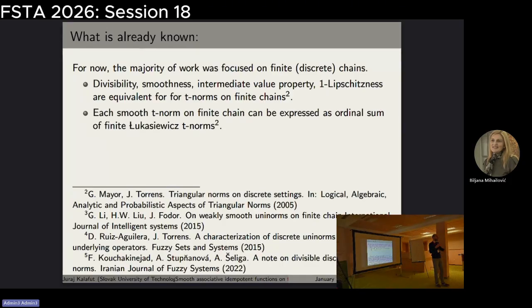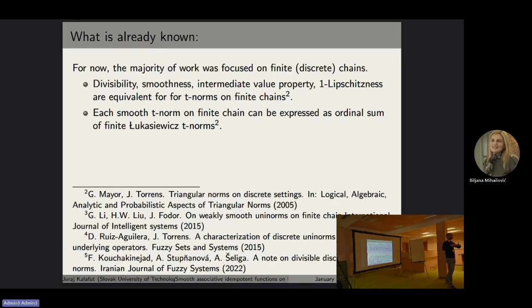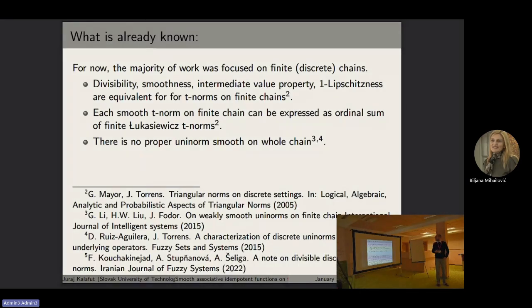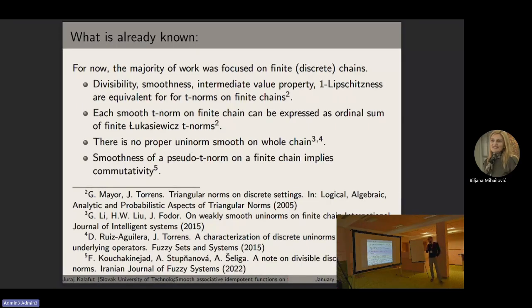They were also characterized via ordinal sum of Lukasiewicz T-norms, so via ordinal sum of smooth Archimedean T-norms. Then, similarly as on the unit interval, we cannot obtain a proper smooth uninorm. And finally, smoothness of pseudo T-norms implies commutativity. All these hold on finite chains.